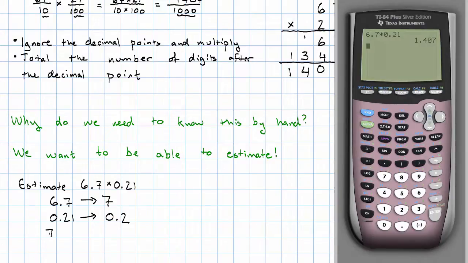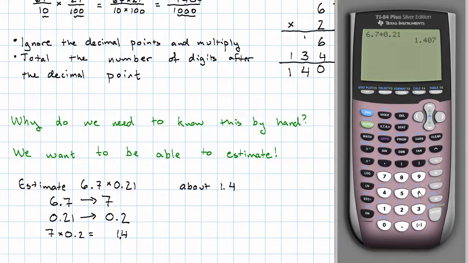And then 7 times 0.2. Well, 7 times 2 is 14. And then we want one digit after the decimal point. So we would expect that 6.7 times 0.21 is about 1.4.